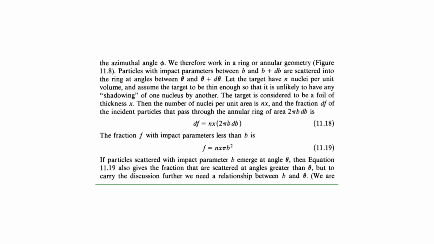Now what is 2 pi b db? Particles with impact parameters between b and b plus db, okay, they will fall on an annular ring of this area. So those many target atoms are available for scattering, and if we assume each particle gets scattered once, then the fraction of incident particles passing through that annular ring would be given by this expression.